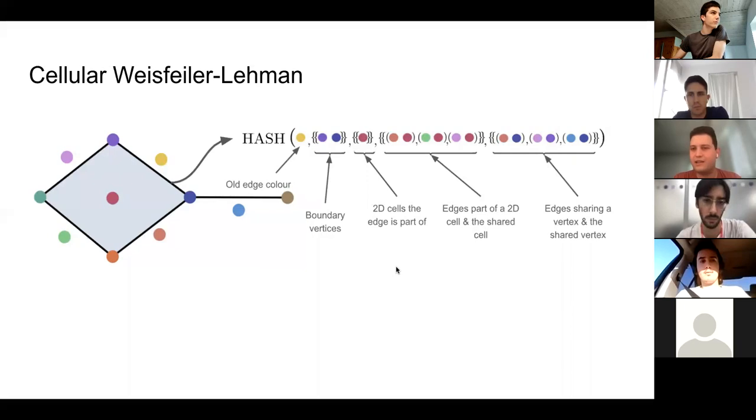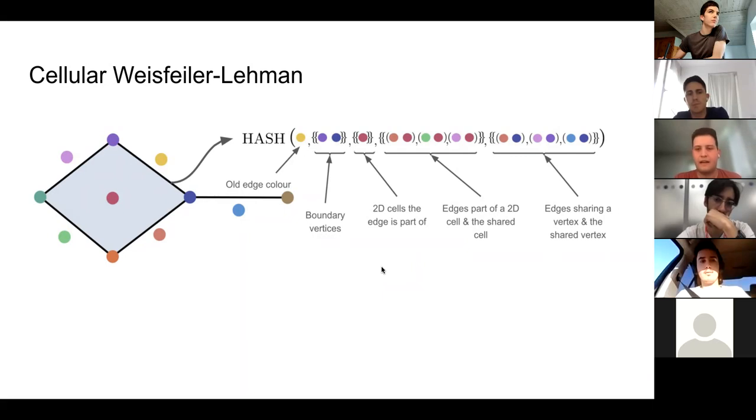So we take the old edge color. This is very similar to WL, where you use the previous color of the node. Then you have the first type of adjacency: you look at the boundary vertices. So these are the colors of the vertices on the boundary of this yellow edge, this purple and dark navy blue.